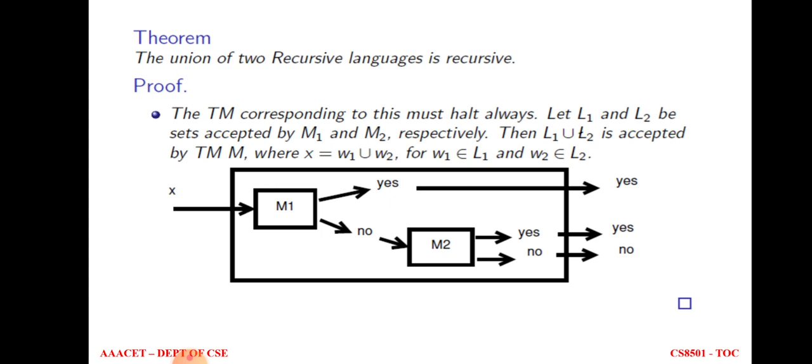Here the first one is M1, the first Turing machine, which accepts the input string X, which is the union of W1 and W2, where W1 belongs to L1 and W2 belongs to L2. So M1 accepts the input string X and halts its operation with yes, and otherwise M1 halts its operation with the answer of no when the particular input string does not belong to either L1 or L2.